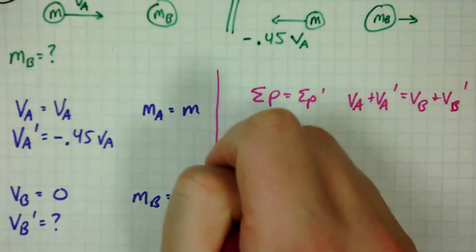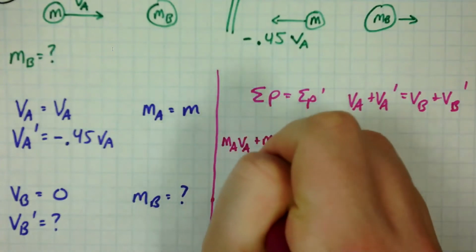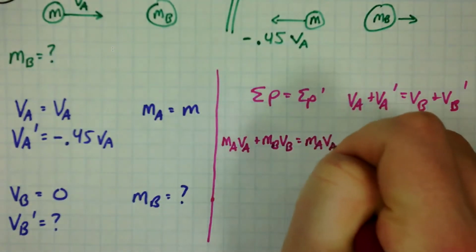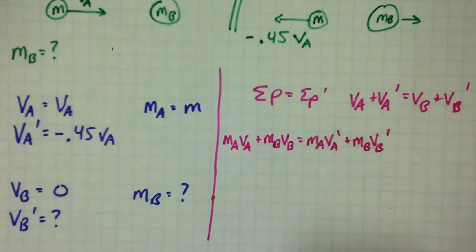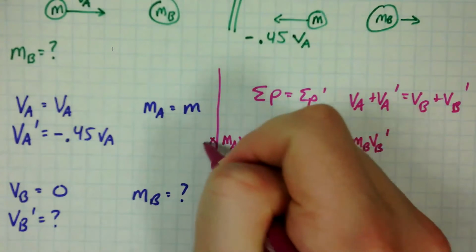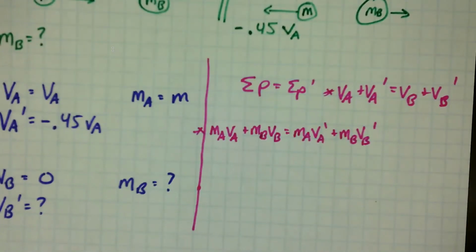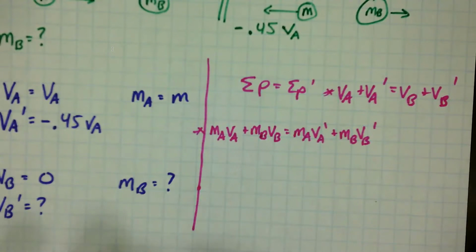So this one expands to MA VA plus MB VB equals MA VA prime plus MB VB prime. We need to be satisfying both of these equations. Good so far?